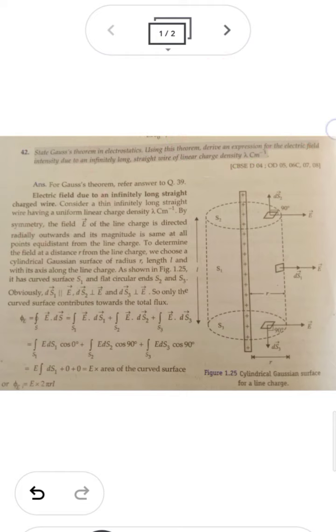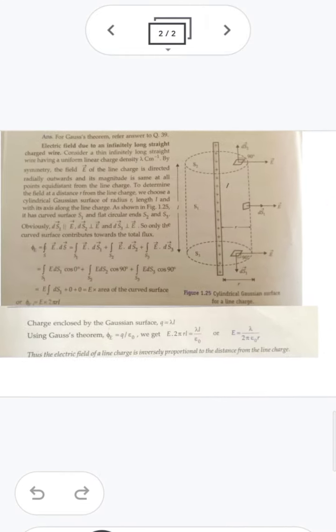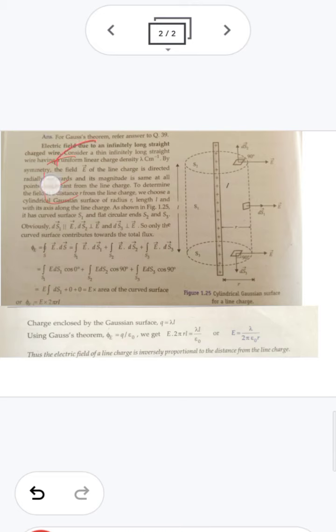After solving this, we have E into the closed integral of ds. If you don't want to write the closed integral, you can write it as an integral.